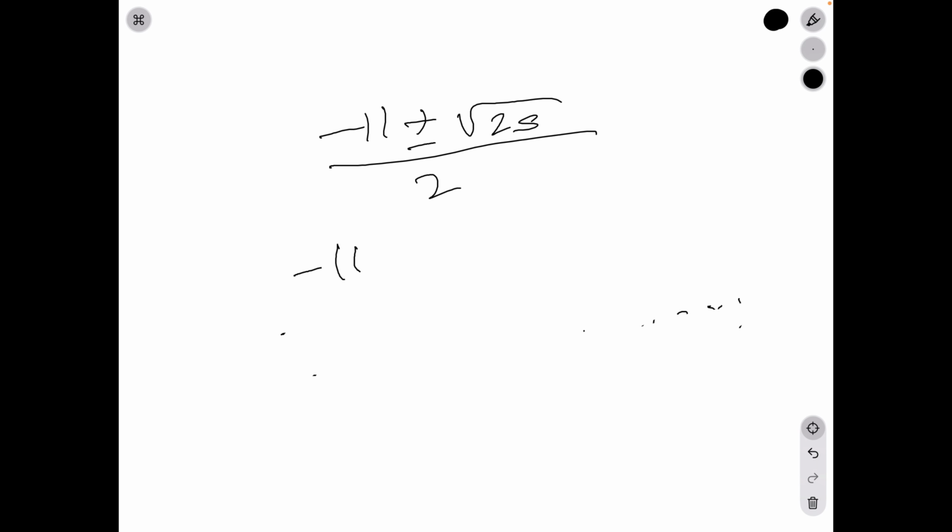So negative 11 over 2 plus or minus 5 over 2. Now we have to solve. This plus or minus sign is very special. We have to include both adding and subtracting. First, let's do adding.